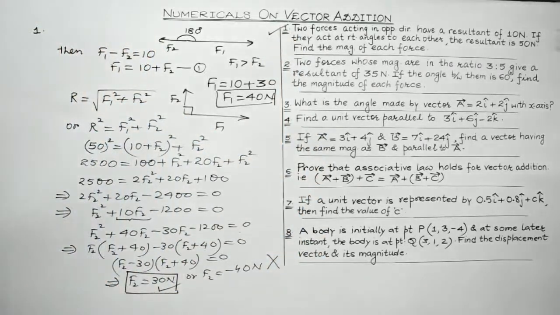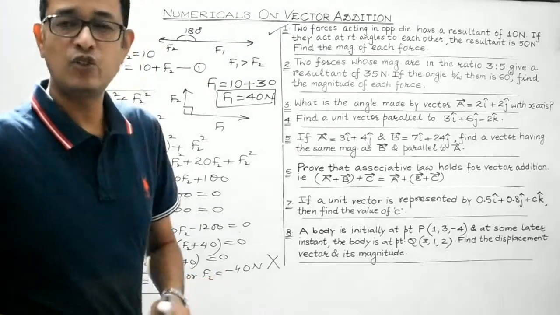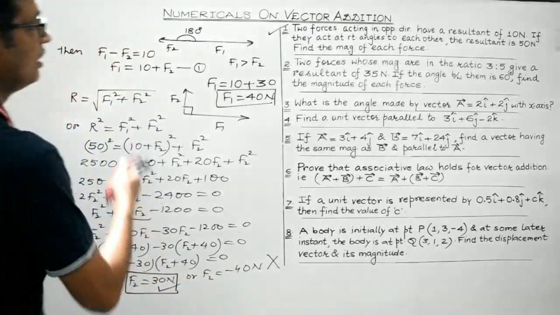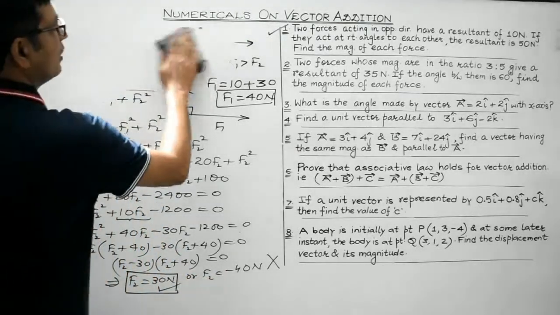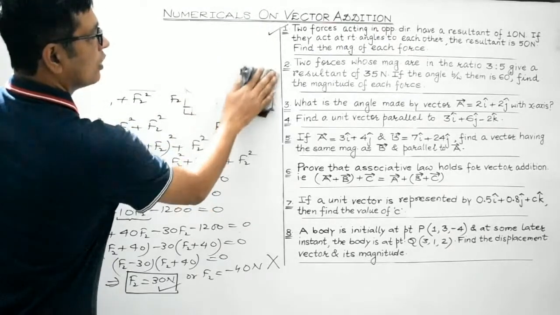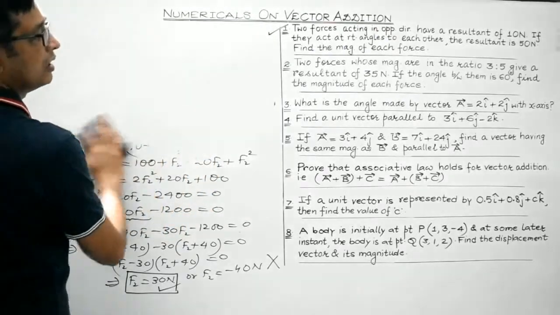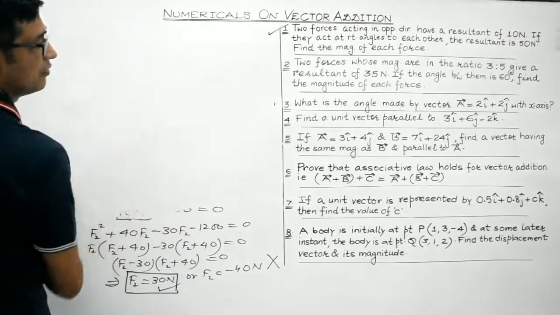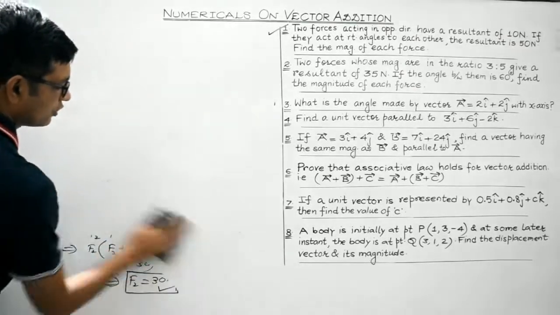Let's concentrate on question number 2. Question number 2 is: two forces whose magnitudes are in the ratio of 3:5 give a resultant of 35 Newton. Okay, the resultant is 35 Newton. If the angle between them is 60 degrees, find the magnitude of each force.